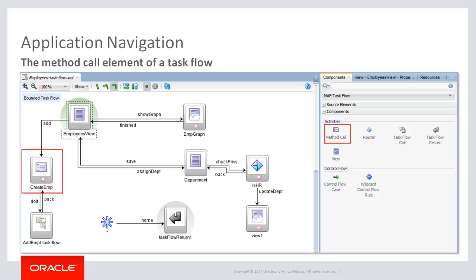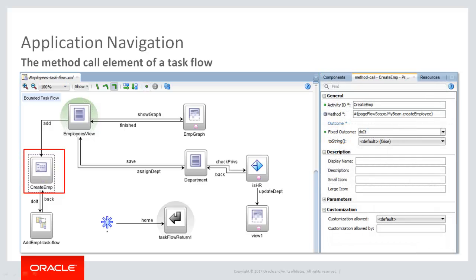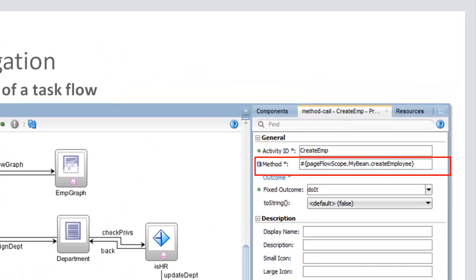The method call element allows you to call a Java method as part of your application flow. Now looking at the property inspector, you can see the name of the method which is being called. Now this looks rather cryptic, and you'll learn more about this later, but this is called expression language, or EL. All it is a way of referring to a method called createEmployee, which exists in a Java bean called myBean.